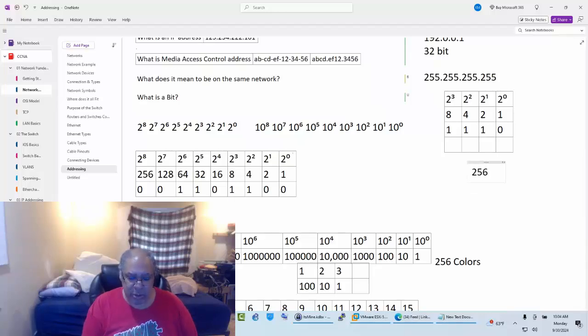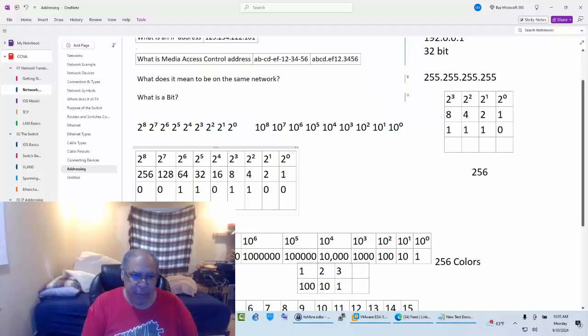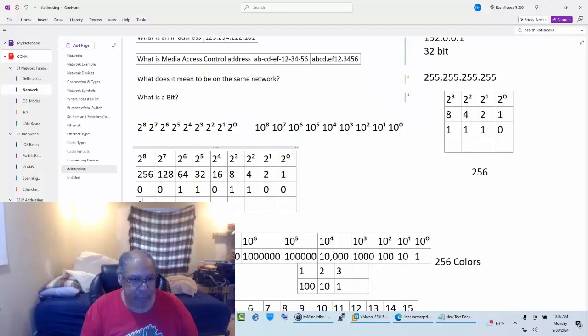Let's start with 256. And we know we're going to have our placements here too. We know 256 does not go into 64, so that's a 0. We know 128 does not go into 64.